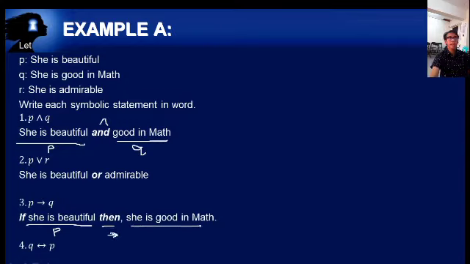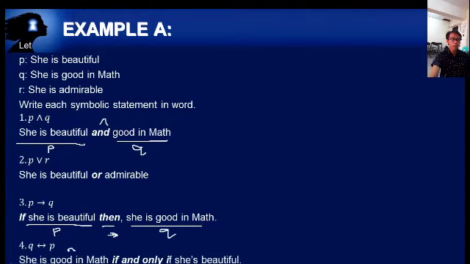So, she is good in math, that is statement Q. Now, on number 4, Q biconditional P. Pag binasa natin siya: she is good in math if and only if she is beautiful, statement P. Tama lang po siya. Okay, next.